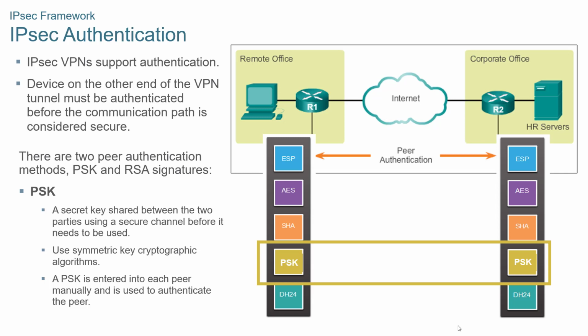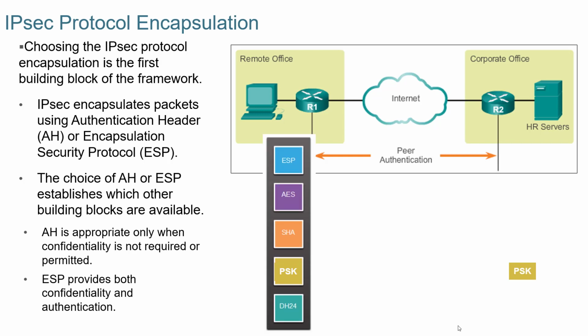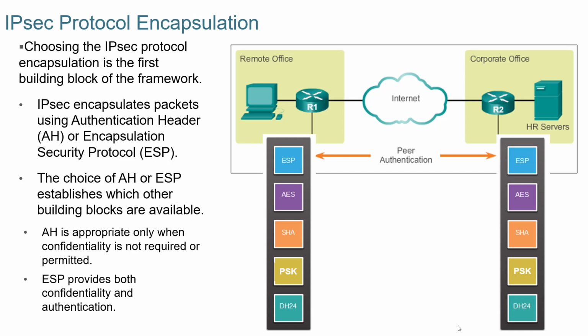IPsec protocol encapsulation. Choosing the IPsec protocol encapsulation is the first building block of the framework. In this case, they have to match, so we're using ESP. IPsec can encapsulate packets using the authentication header, not very common.